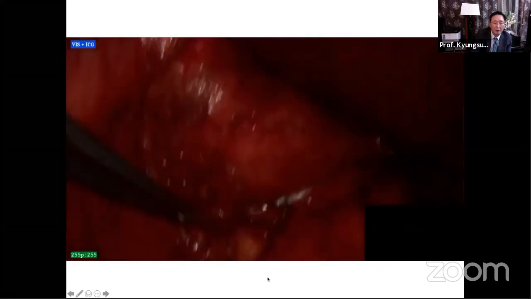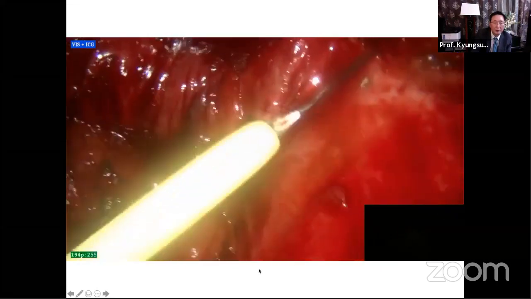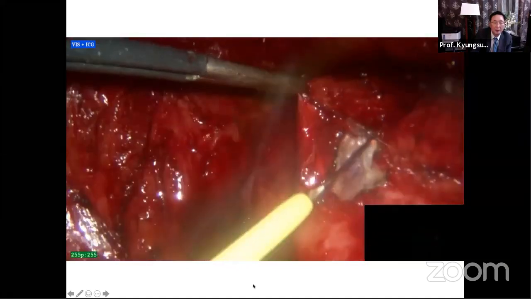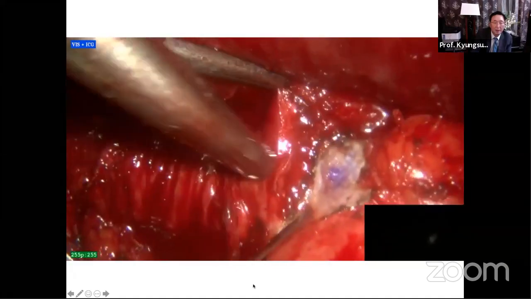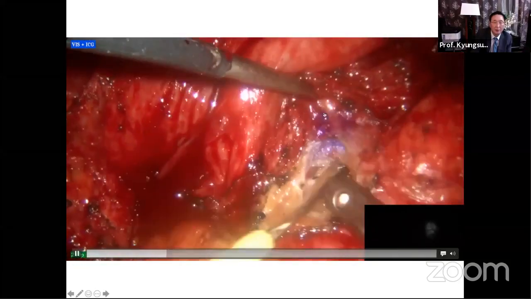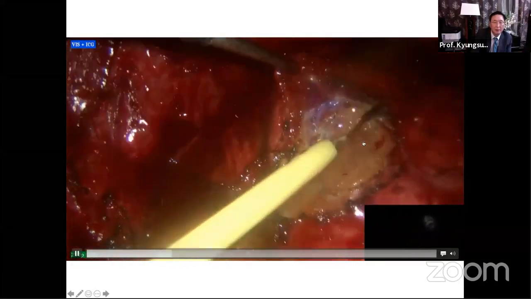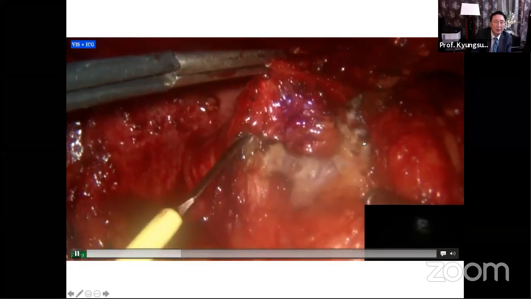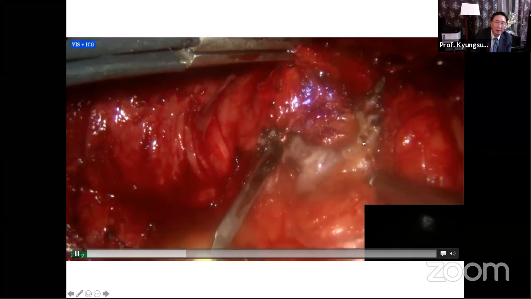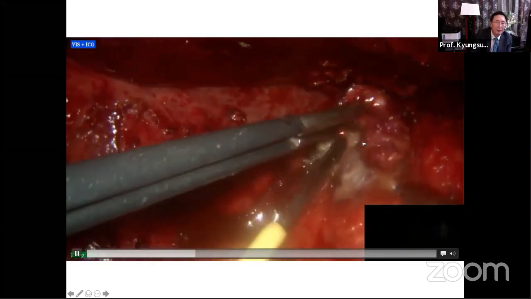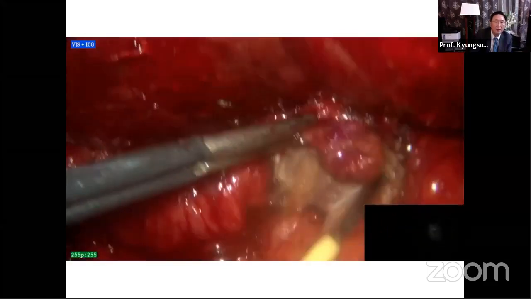It's an open surgery, but I just use the ICG camera. If you dissect a little bit of the upper part, some capsule, you can find the tumor here. So it is very convenient to find the tumor like that. Sometimes the lymph node is positive, and if you use the ICG camera, you can see the positive lymph node very well.